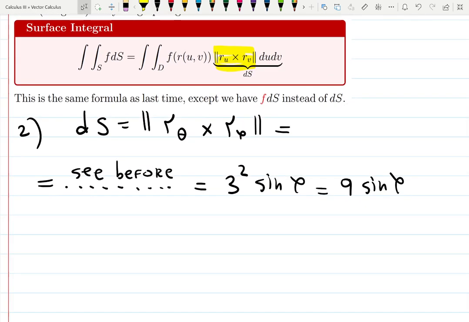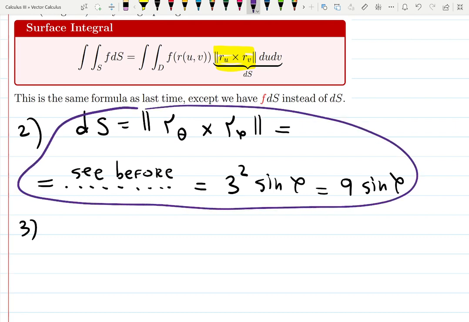So this step number 2 is the longest one. This one has 3 steps, right? Step 1, partial derivatives. Find r theta and r phi. Step 2, you actually find the cross product of these. Step 3, you find the magnitude. So this is a long step.